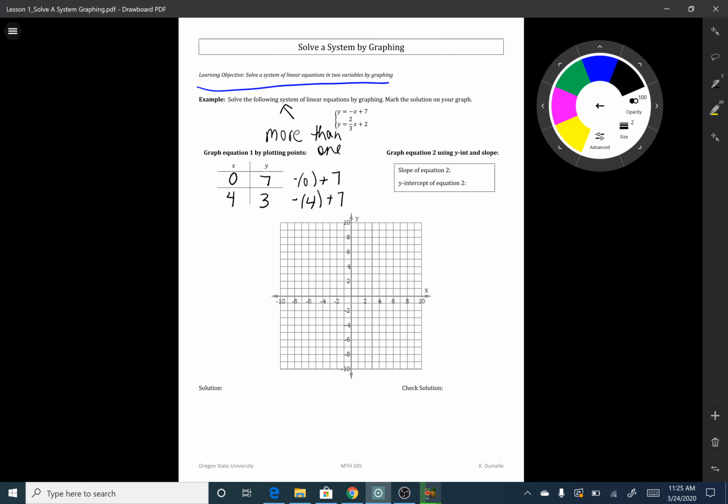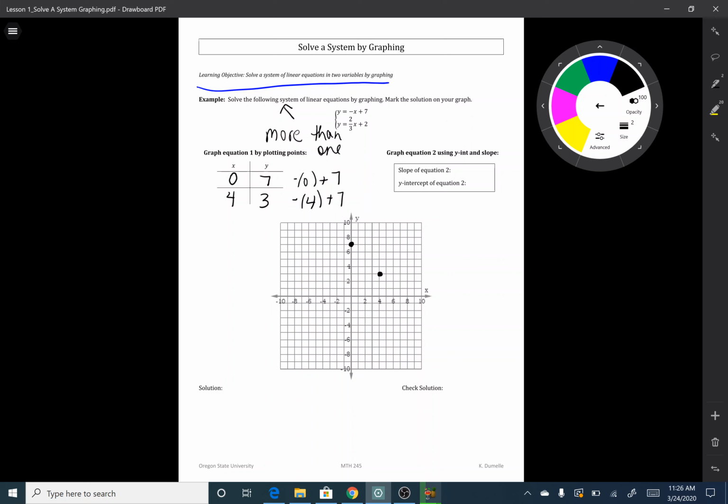I just need 2 points in order to plot a line for our linear equation. So this is good enough for me. I can plot these 2 points, and then I can draw a line between them, and that will be this line. So I'm going to plot the point (0, 7). So our x value is 0, and our y value is 7, so that point is right here. And then my other value is when x is equal to 4, and y is equal to 3.